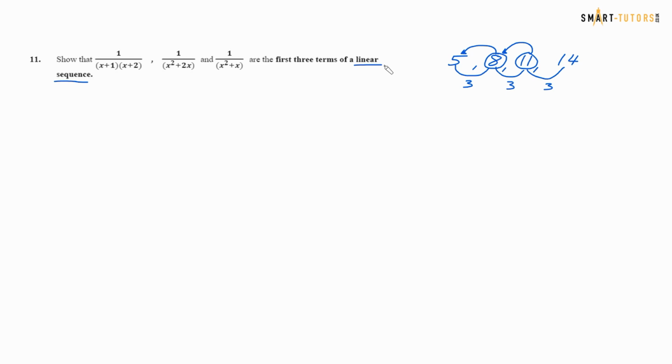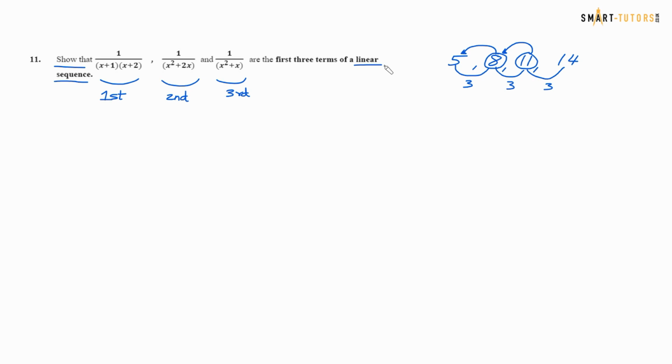So if these three terms are in an arithmetic sequence, this is the first term, this is the second term, and this is the third term. We need to show that these three are in a linear sequence.